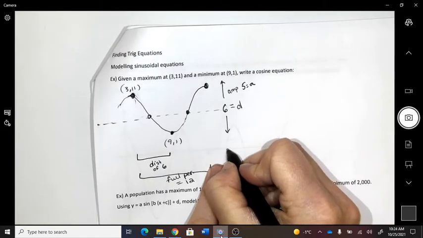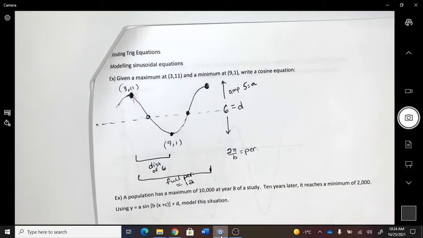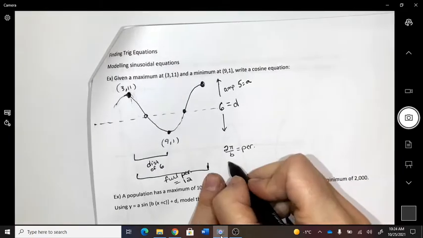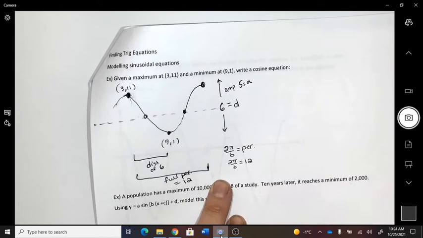Okay, so we're going to go like this. 2 pi over b equals period. Remember that little formula? Okay, so 2 pi over b needs to equal 12.